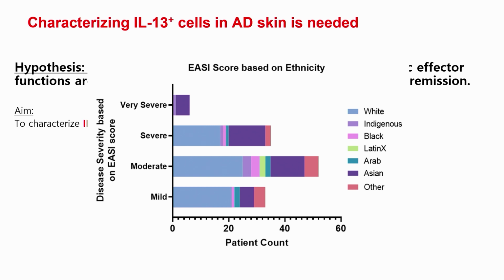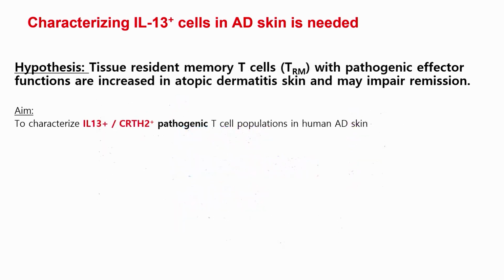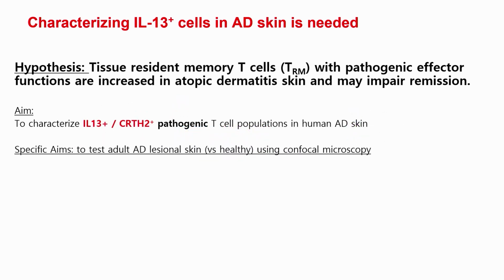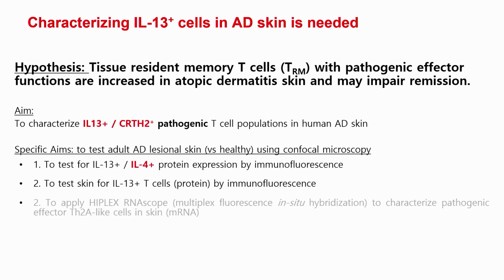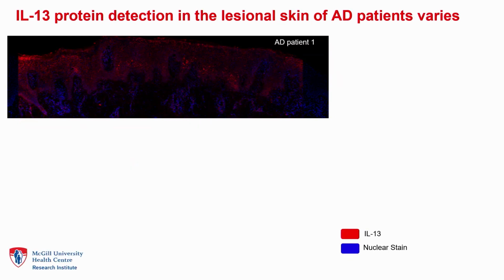Because we work with this range of ethnicities and we have this large biobank of skin that's been collected, we're looking at methodologies that are a little bit more agile for hypothesis testing in situ. And so we focused on the use of confocal microscopy, and in particular looking for these populations, using both protein and RNA-based approaches, which we'll look at here.